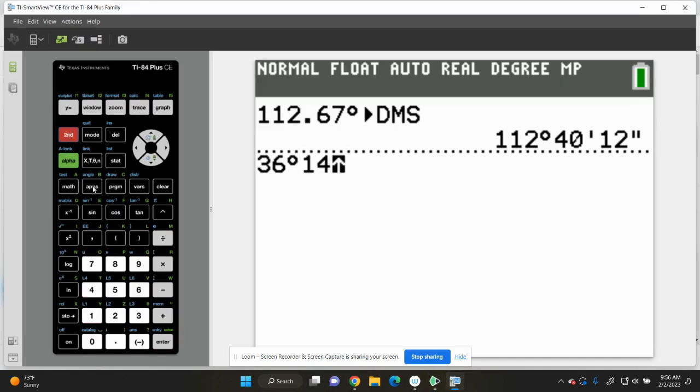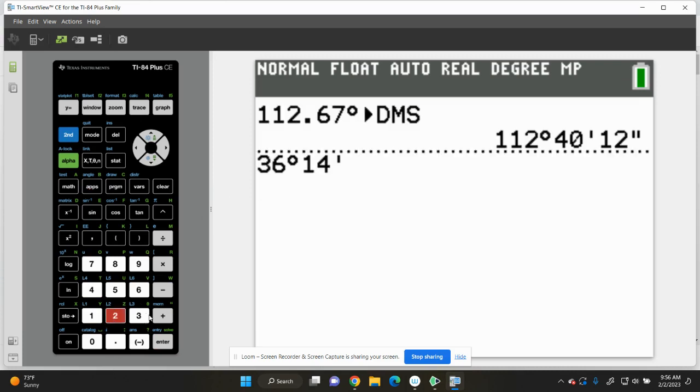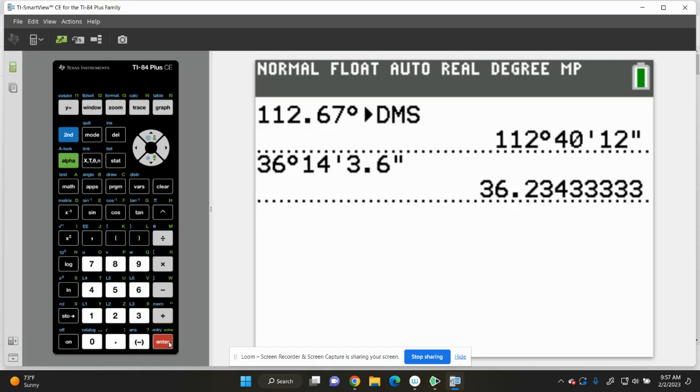So I have to go back into the angle and choose option number 2 for minutes. Then 3.6 seconds. Now this time, see above the plus sign there? We're going to use the alpha key and choose the plus sign, and that puts the second mark there. Okay, and all we do is press enter, and there it is. Because you're in degree mode.